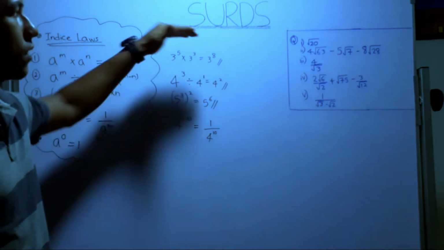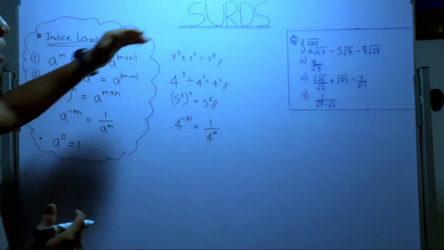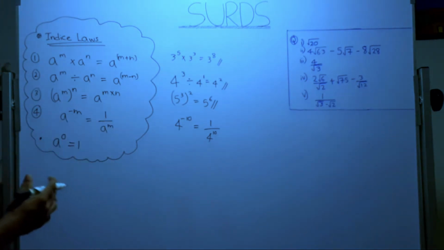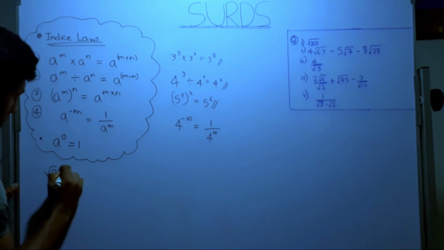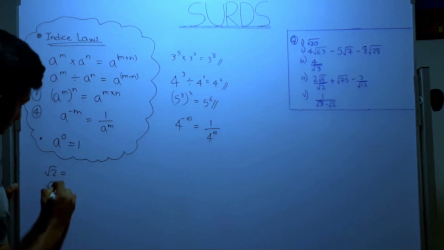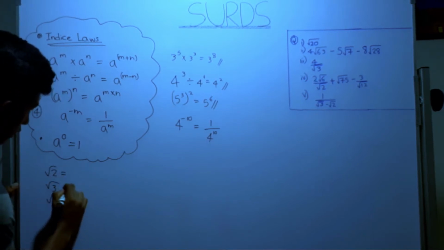Surds follow the irrational numbers. So surds include irrational numbers. If we look at root 2 and root 3 and root 5, we'll look at these.